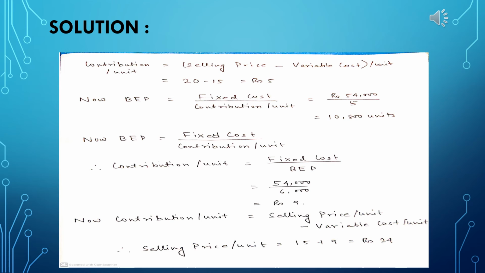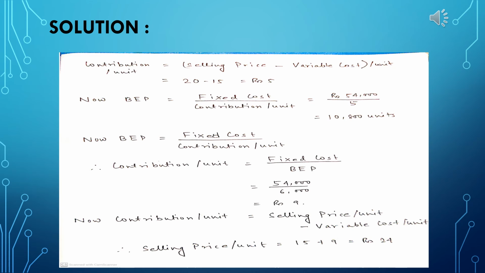Coming back to the solution part here, we know that contribution per unit is basically selling price per unit minus variable cost per unit. As we know both the selling price and the variable cost, we can easily find out the contribution per unit to be rupees 5 per unit.